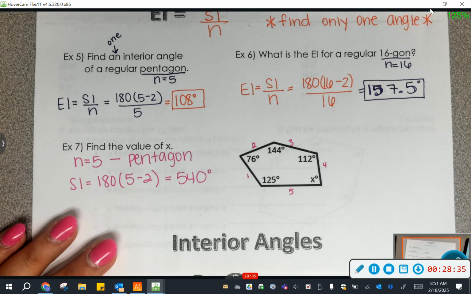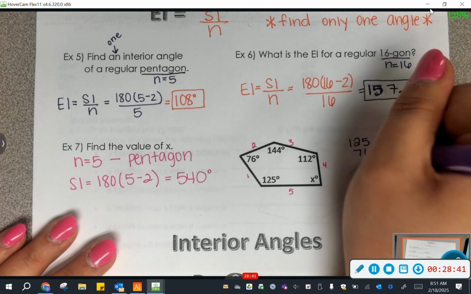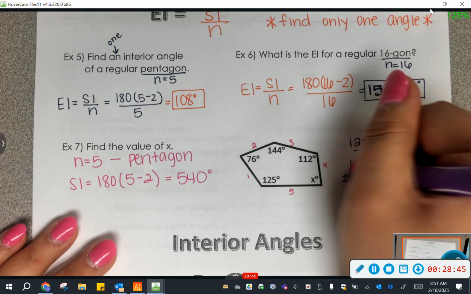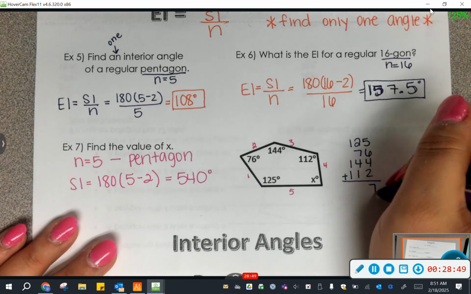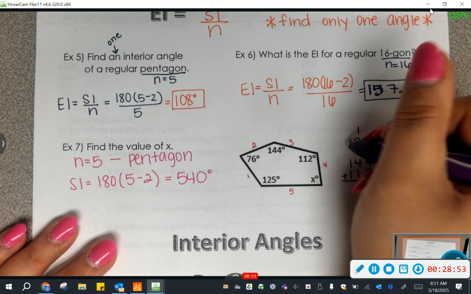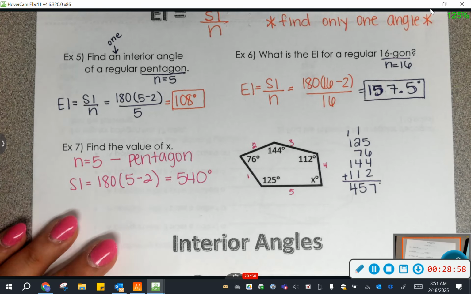Now, Alex, what did you say I should do? I need to add them all up: 125, 76, 144, and 112. They add up to 457 degrees. What should they add up to?